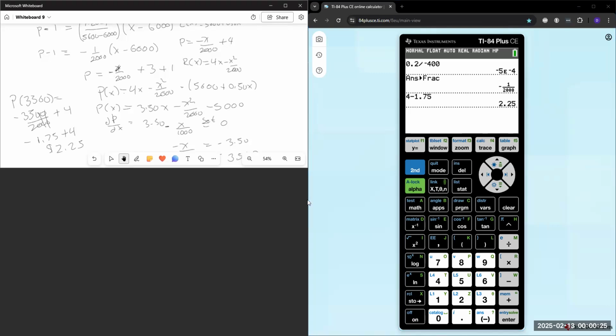Let's just make sure, negative 35 divided by 20, that I didn't make a mistake with that. Yeah, negative 1.75 plus 4 is 2.25. So $2.25 is what I will set my price at to maximize my profit for this event.